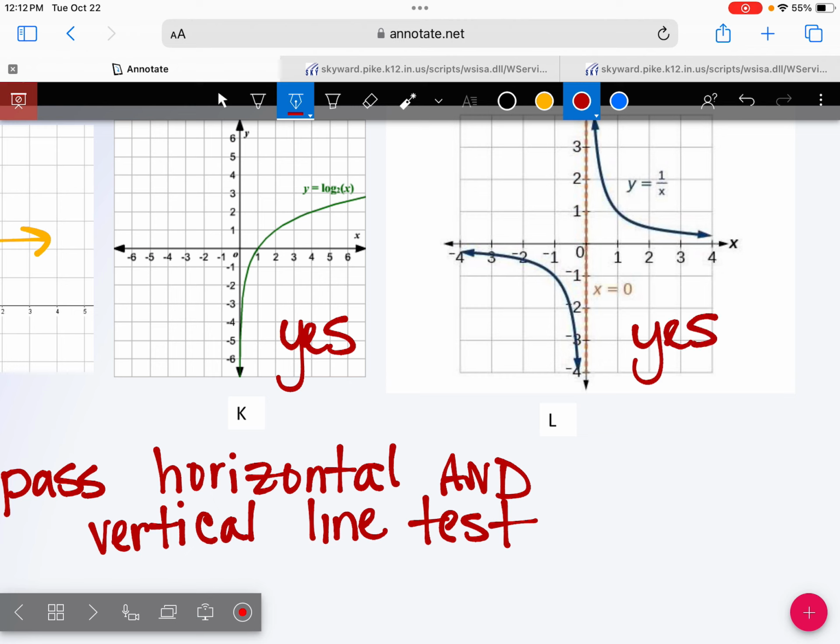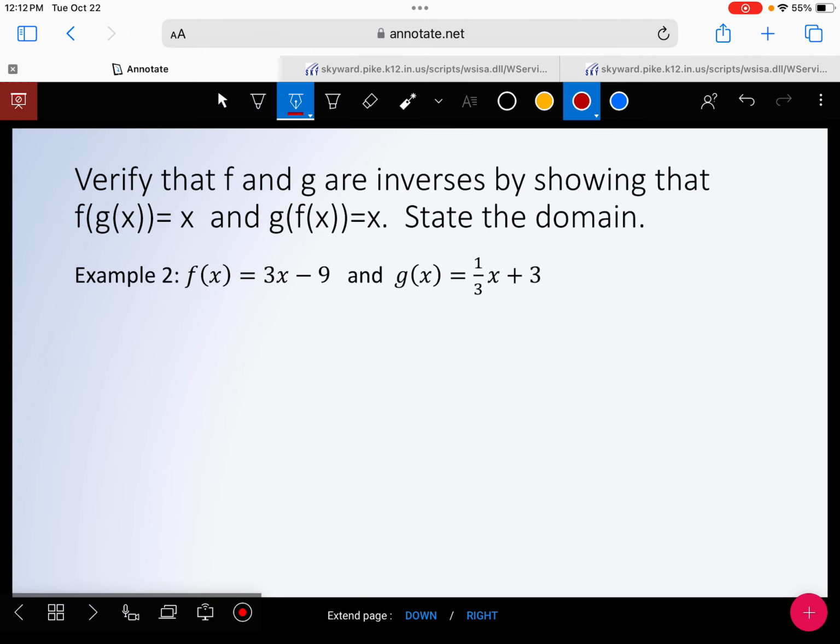All right, so now what we're going to do is practice finding the inverse. So take a minute and copy down these two. Example 2. And we're adding one thing to it, and that's just stating the domain. So this is kind of a continuation of 5.1.